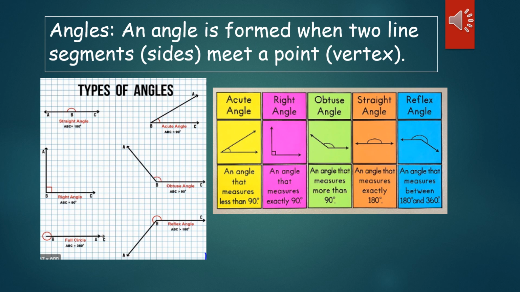Now you can also look at the other side, left-hand side, with the types of angles. We often give them names like A, B, C, and B is your corner or your vertex or the point where the two line segments meet.